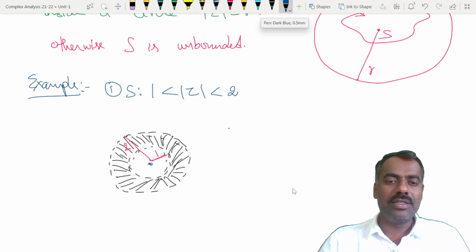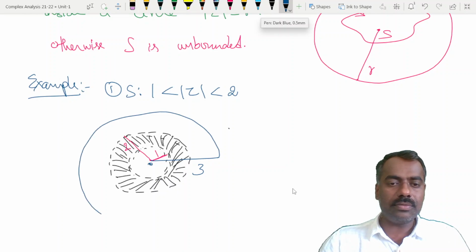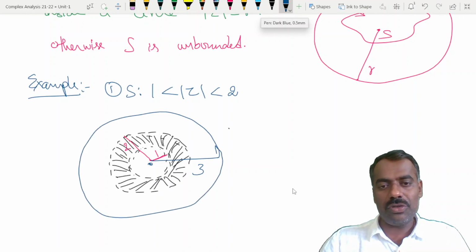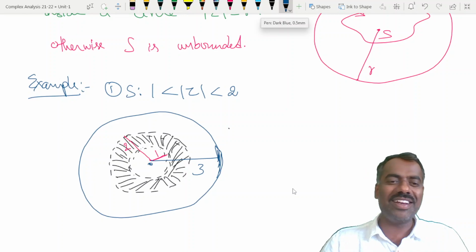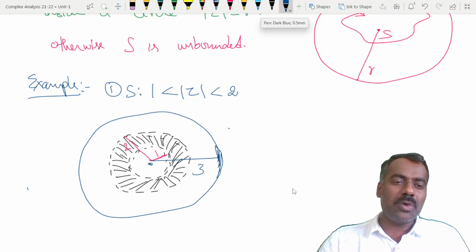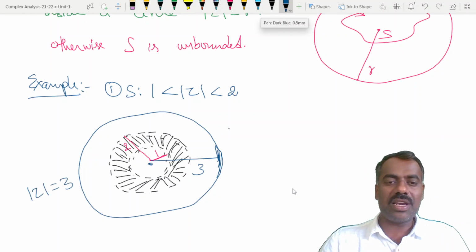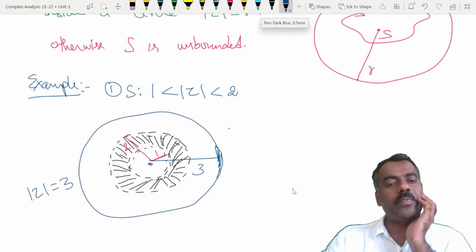Suppose I take a circle of radius 3, the circle mod Z is equal to 3. How does it look like? Even though it is not looking like a circle, assume it is a circle, right? So this is mod Z is equal to 3. So S is lying inside mod Z is equal to 3, right?